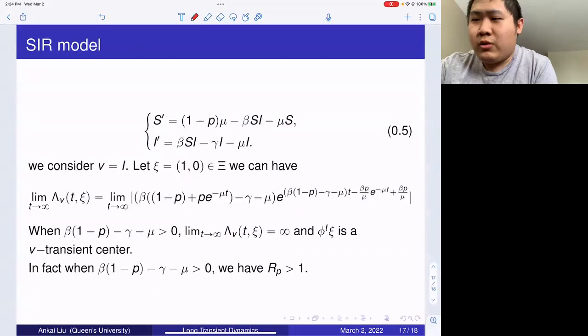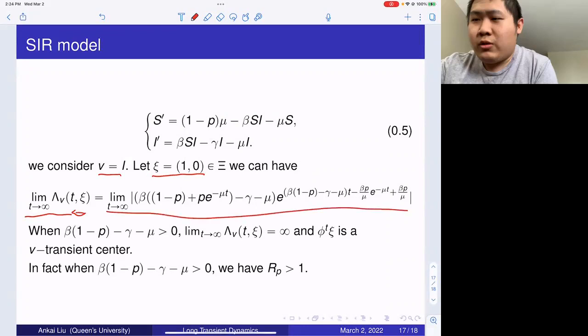Another example is, again, our favorite SIR model. If we let V be the projection onto the infected population, and we pick psi to be 1, 0, we can compute that this lambda is equal to this right there.